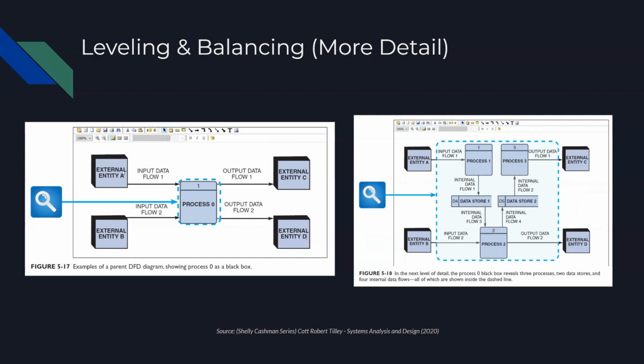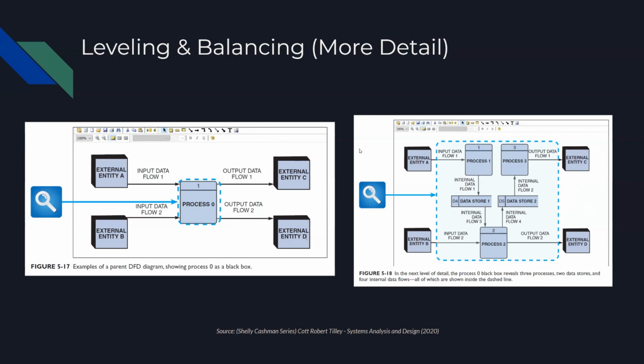And as you can see, we still have the entities around it. The only thing that changes is what is being decomposed from this process into all of this. What is exactly happening in this process is all of this. And that's what's happening in this diagram 0. More complex systems require more levels of data flow diagrams, with analysts working through numerous levels of identifying functional primitives.